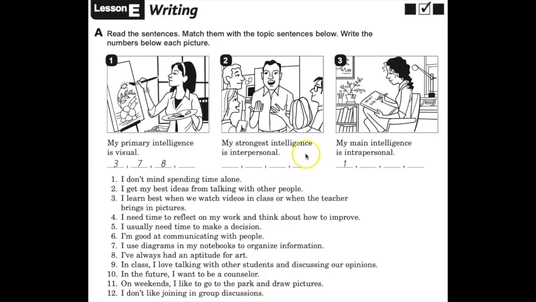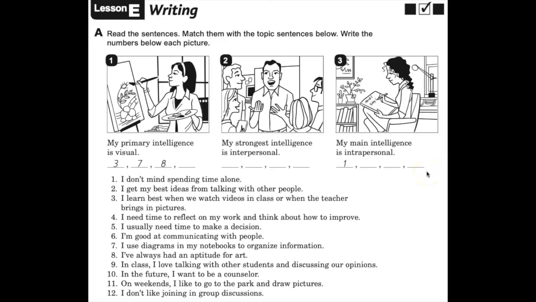To be a counselor, you definitely would have to have interpersonal skills. 11, on weekends, I like to go to the park and draw pictures. That would be visual. And 12, I don't like joining in group discussions. Someone who prefers to be alone would be intrapersonal.